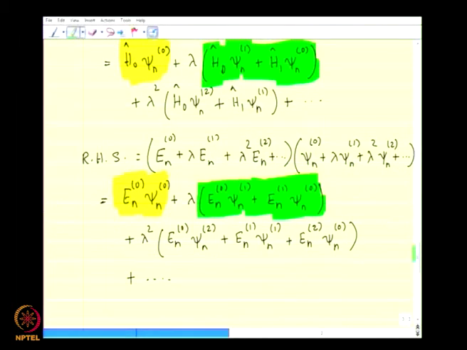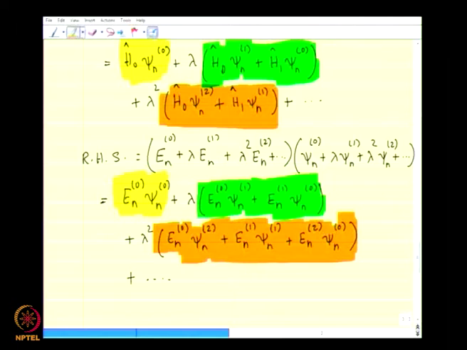What about the third one? Well, the lambda square term, if you take care of that, you see on the left hand side we have H0 on psi n2 plus H1 on psi n1, and on the right hand side we have the three terms in lambda square, which is En0 multiplied by psi n2, En1 multiplied by psi n1, and En2 on psi n0.